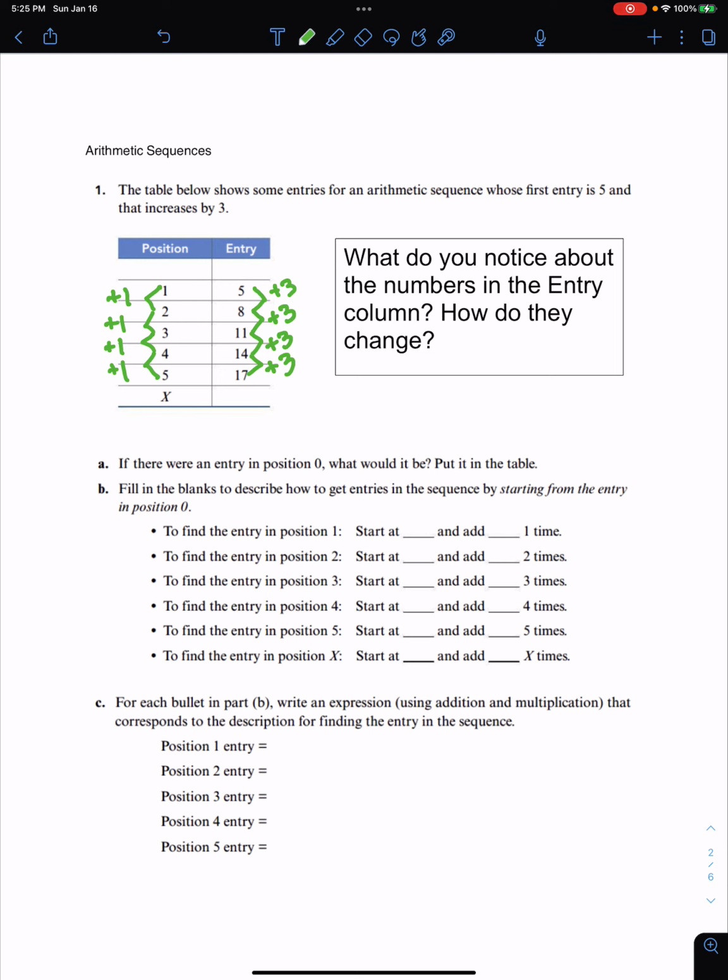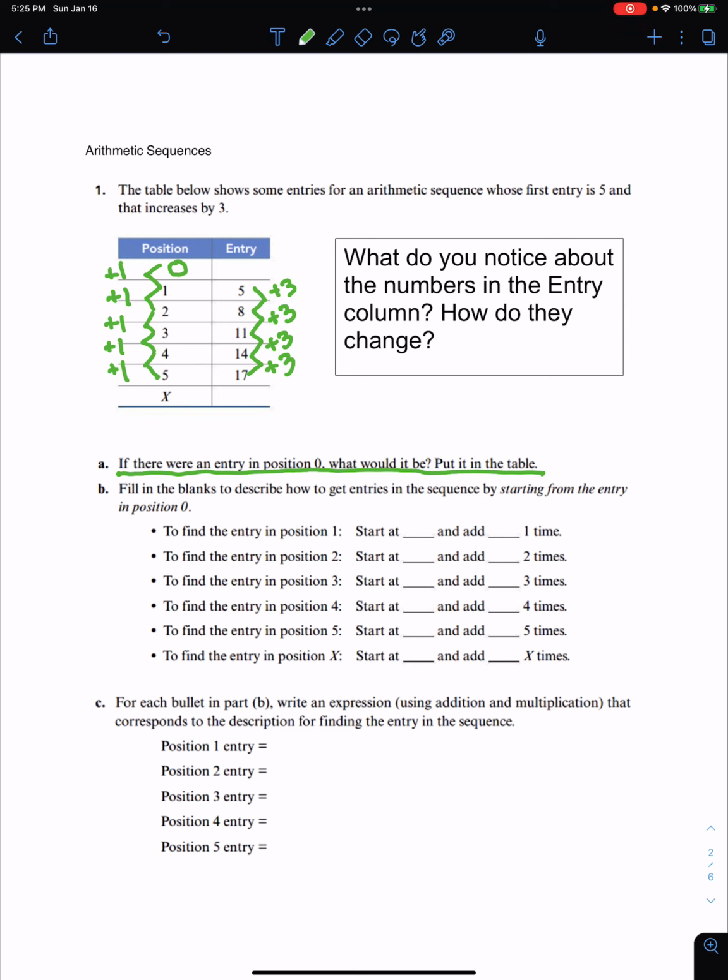Now, the first question asks you to think about if there is an entry at position 0, what would it be? And put it on the table. So you might want to pause the video again and think about that and answer it for yourself before you move on. So if we went back from position 1 to position 0, if we were going forward, we would want to add 3.